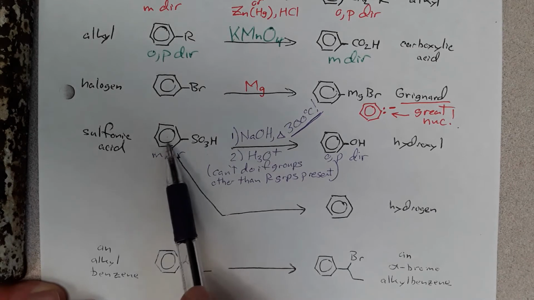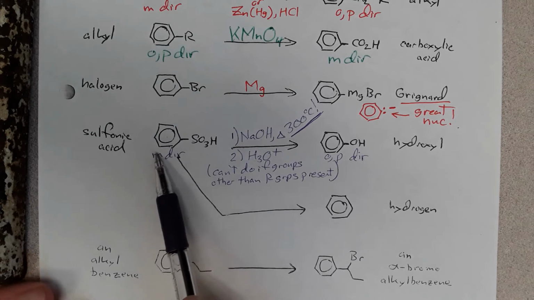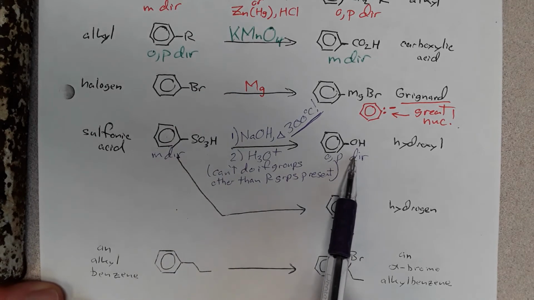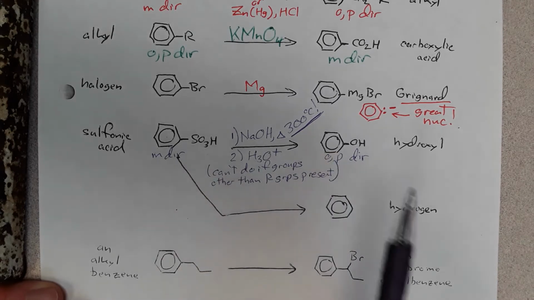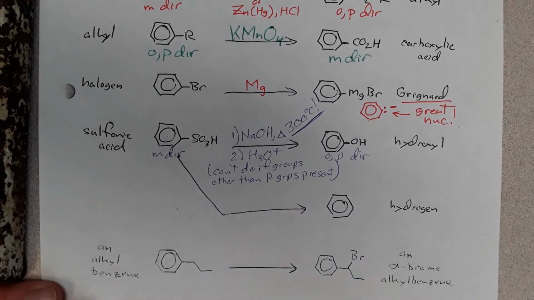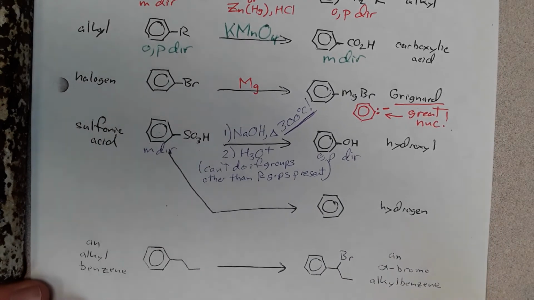But the only thing you can direct there would be an alkyl group. If you direct anything else there, it'll get destroyed in this conversion. Or again, if you want something ortho or para to it, then you wait until after you do the conversion, which would be generally safer unless you have an alkyl group there.